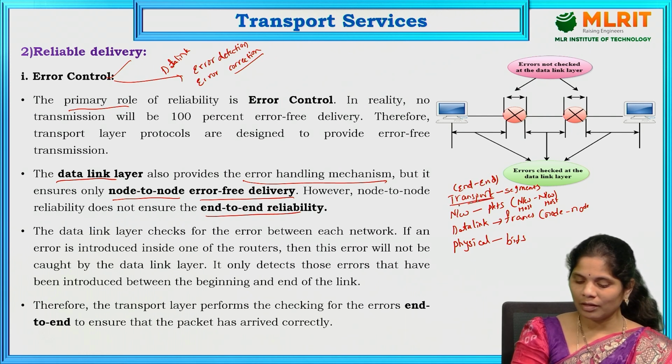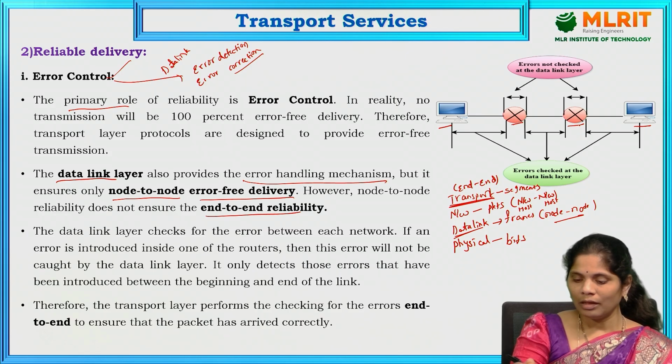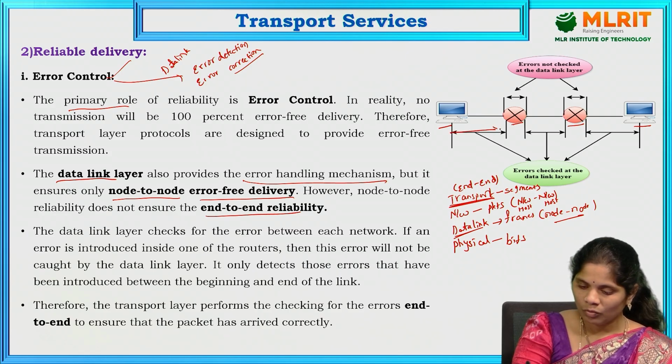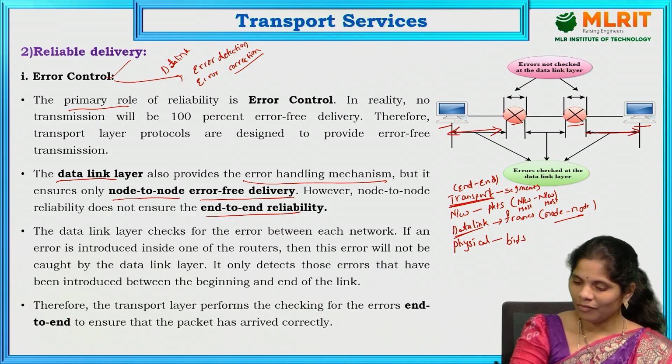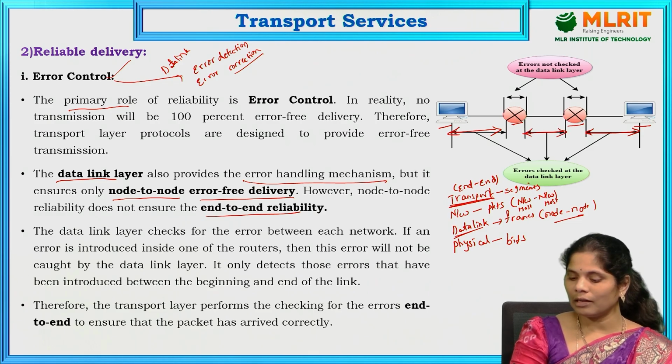Here the transport layer is end to end, the data link layer is node to node delivery. See this example here. Here this is one node, this is another node, and this is one router, this is another router. In between nodes, if there is any error, it can be detected and corrected by the data link layer.